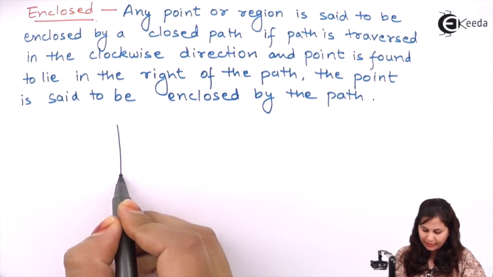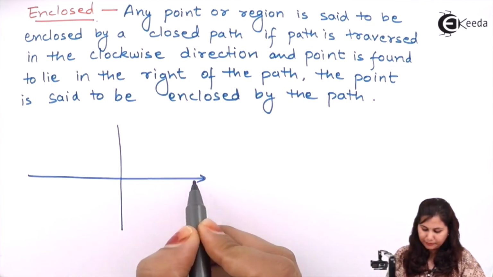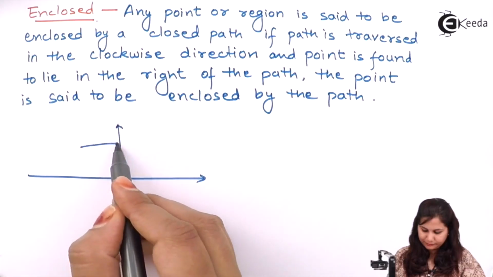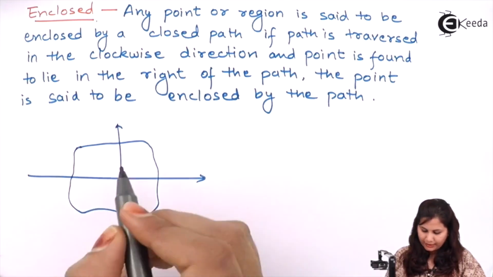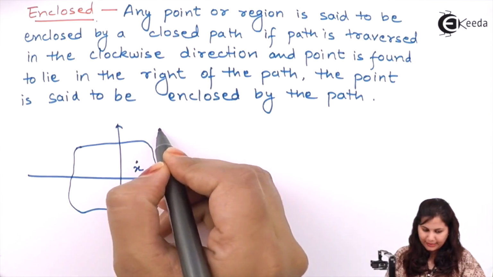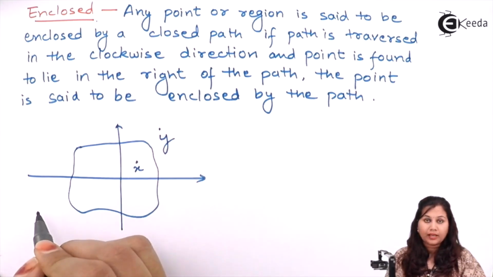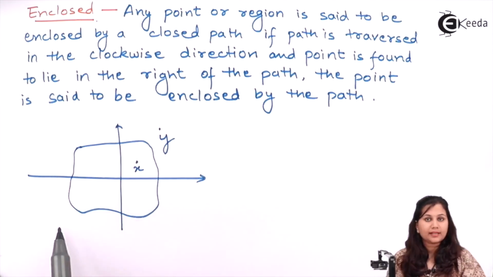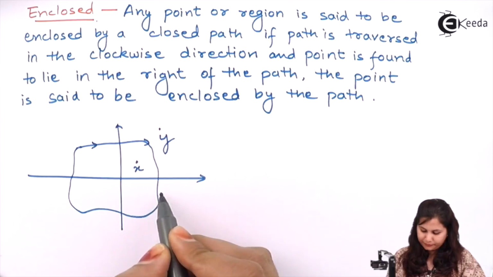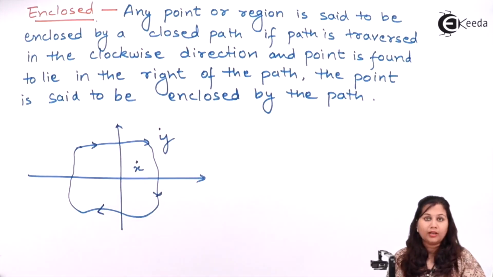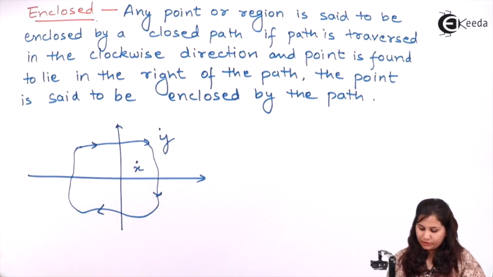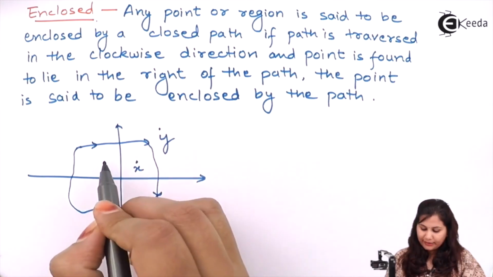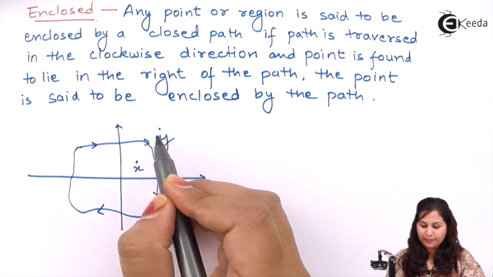Suppose here we have a closed path and there are 2 points X and Y. Now let's traverse this path in the clockwise direction. While traversing the path in the clockwise direction, the point Y is lying on the right hand side of this path.